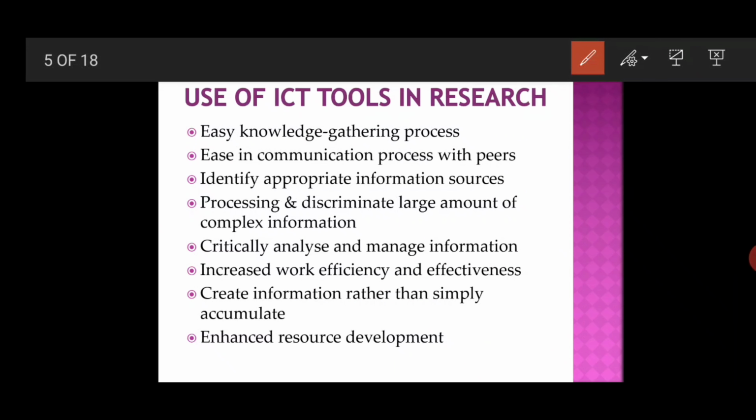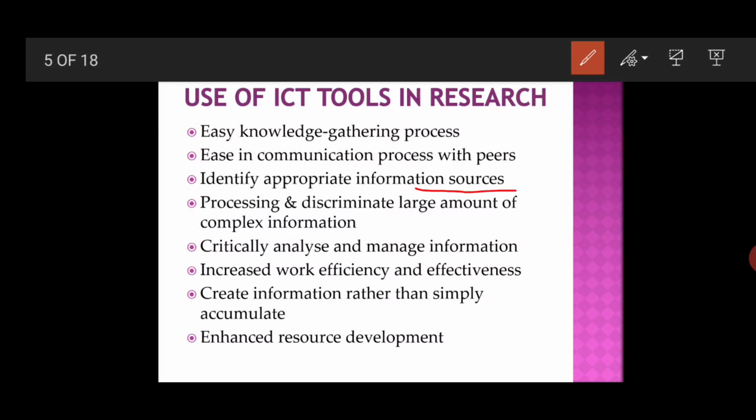The use of ICT tools in research makes the process of knowledge gathering quite easy, and also the communication process with our peers becomes quick and easy as well. And it also helps us in identifying the appropriate information sources, and with the help of ICT, processing and discriminating large amounts of complex information can be done.